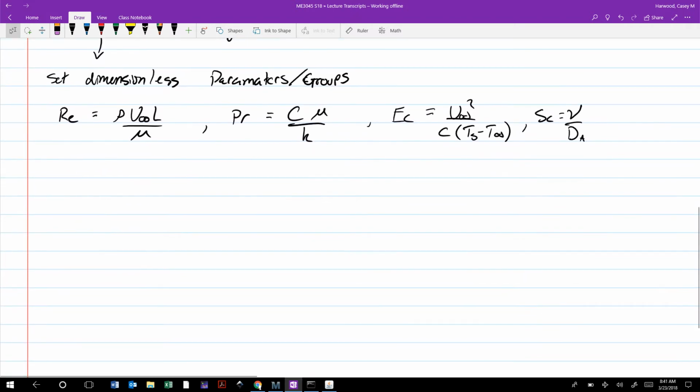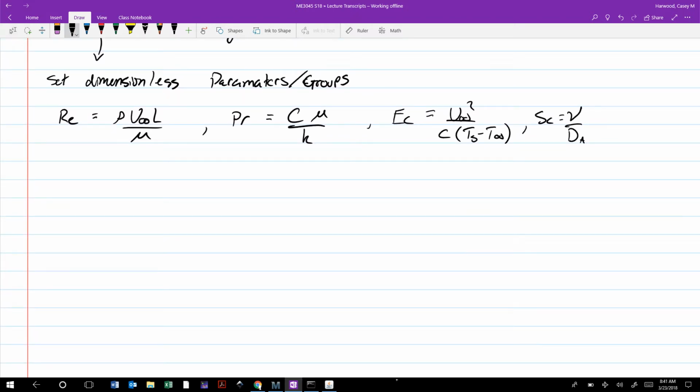So the way this goes is, if we say the momentum equation, for example, the energy equation, and the species equation.